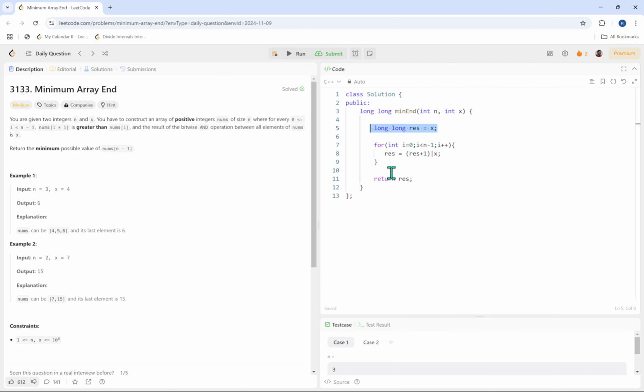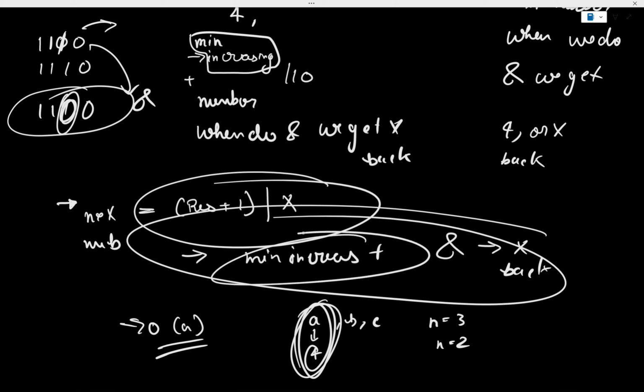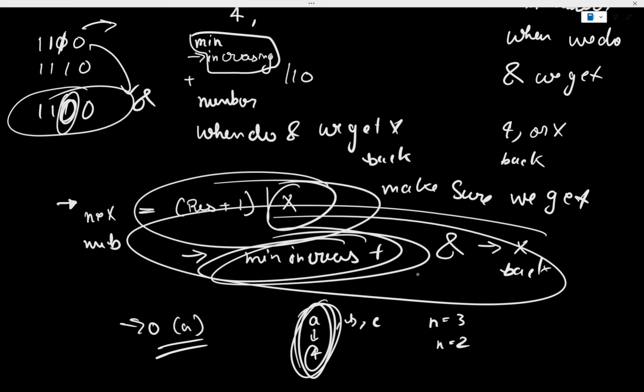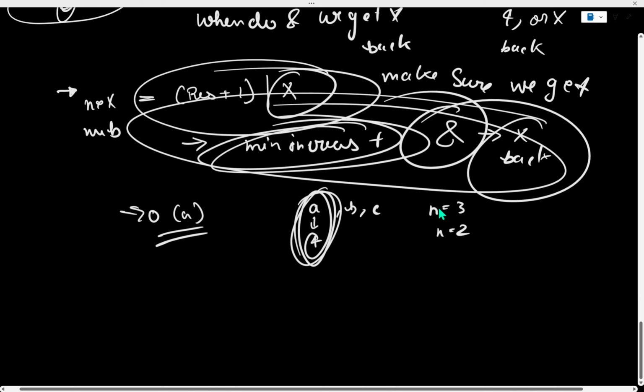What we are doing, as I told, is we increase plus 1, and we do OR with x to make sure we get the minimum increased number. If we do AND with it, we'll get x back.